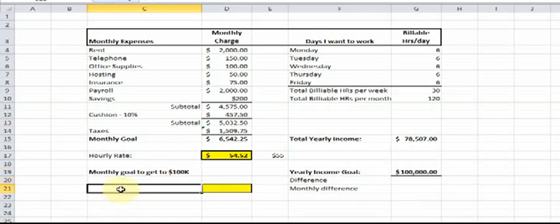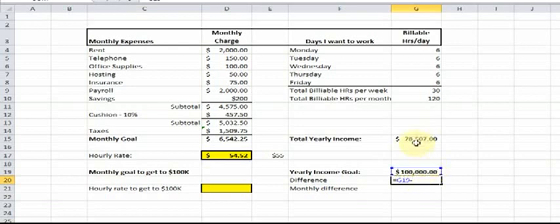And then we'll also need to figure out our hourly rate to get to 100K. So what we'll need to do is find out the difference between our yearly income goal and our yearly income. So you're just going to take your 100,000 and you're going to minus your yearly income, which is a total yearly difference of that amount.